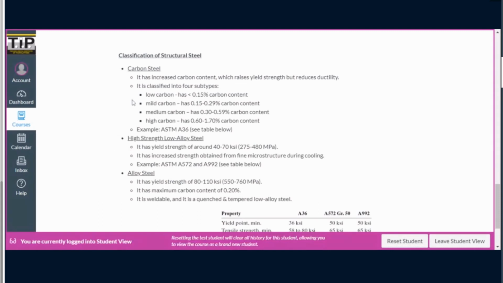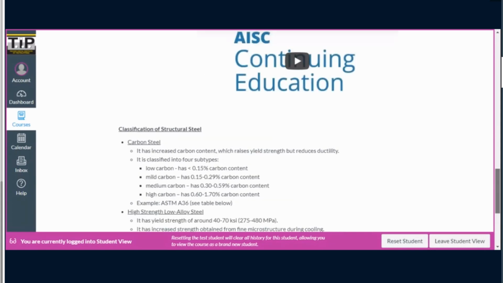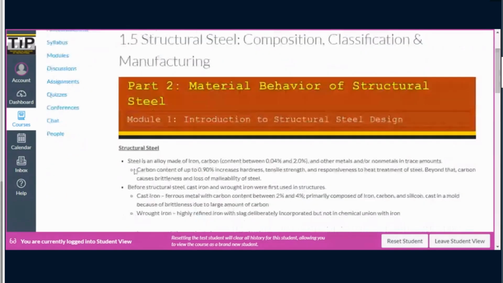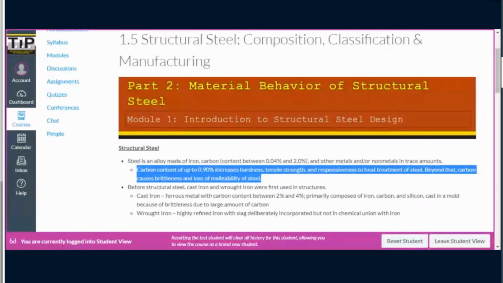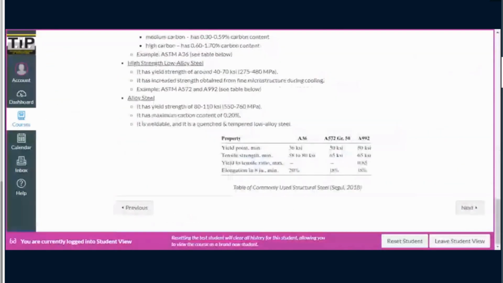Especially here in the Philippines. So carbon steel has increased carbon content, which raises yield strength but reduces ductility. So we talked about this earlier on, no? So the optimal carbon content is up to 0.9%. Beyond that, brittleness may occur.